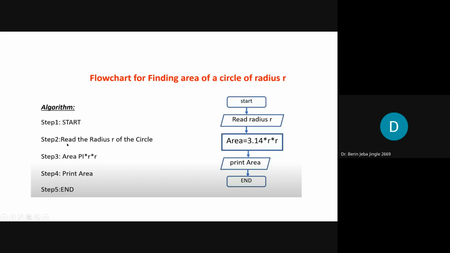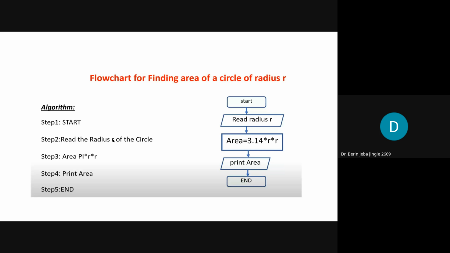See here, first you write start. Then we read the radius. This is the input. If you give the radius r of the circle, the area of the circle will be generated.